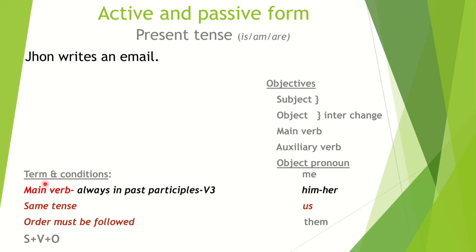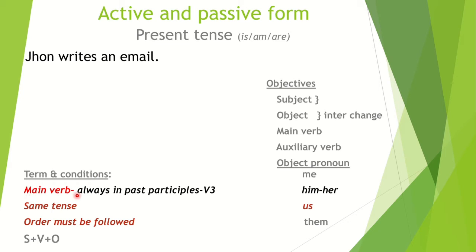Now come to the terms and conditions. Here a few terms are mentioned. The first one is the main verb. I need your attention, please. You should pay more attention to remember these important terms and conditions, which will help you make passive voice in the easiest way.